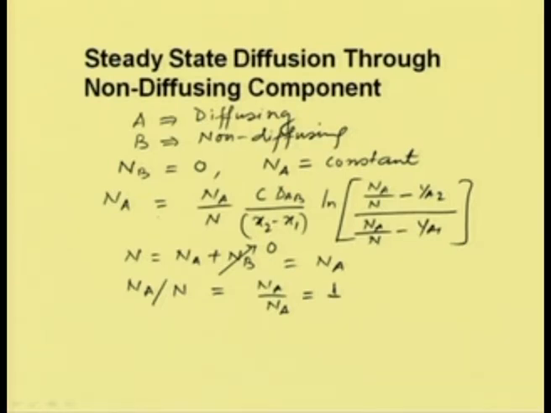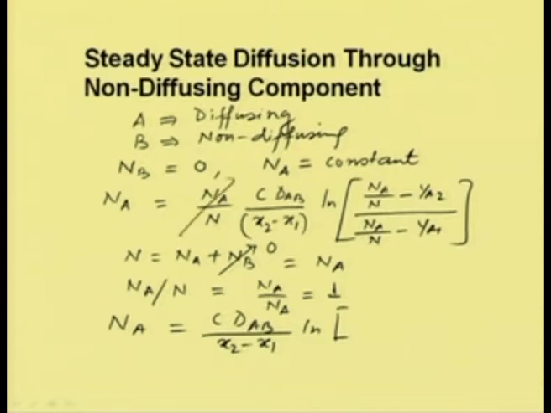So, now this equation will become N_A is equal to C D_AB by (x2 minus x1) ln.